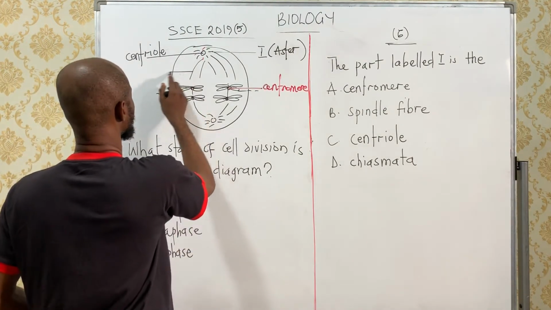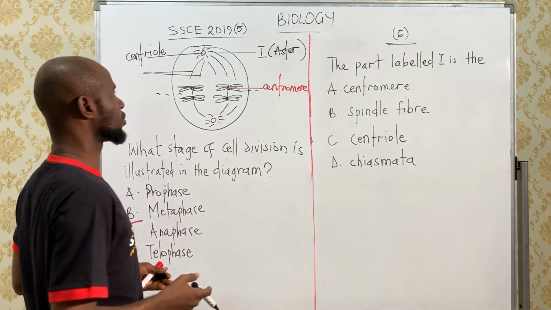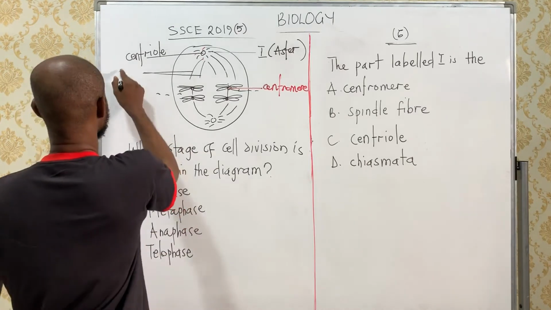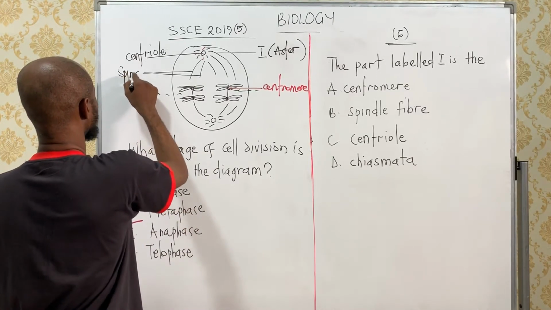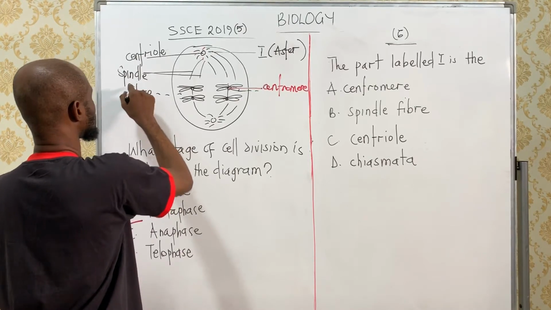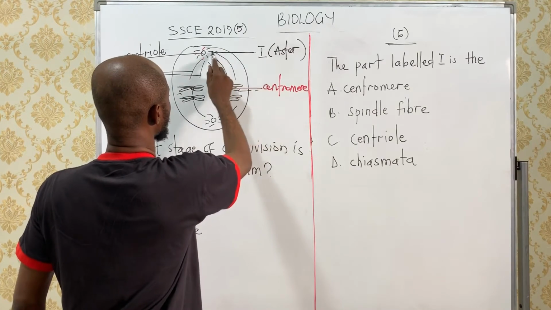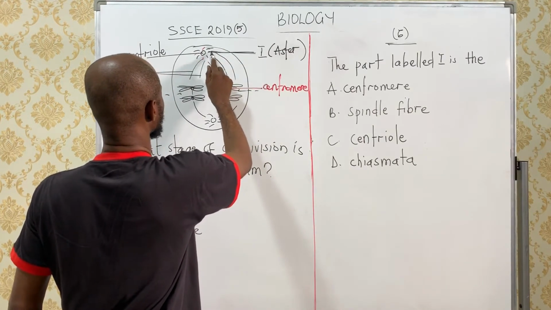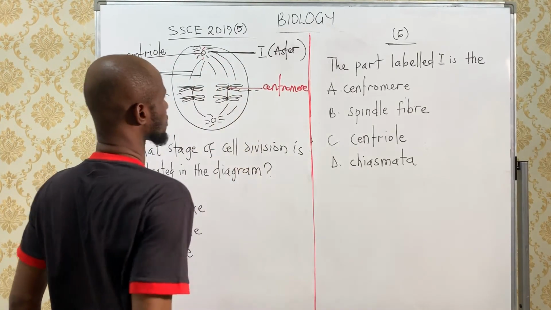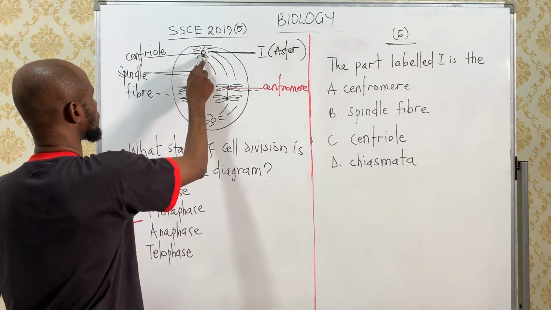These fibers that are sent out, produced by the centriole, are called the spindle fibers. So in this question, if the labeling points at this structure here, the answer is going to be aster. If it points at the middle here, the answer is going to be the centriole.